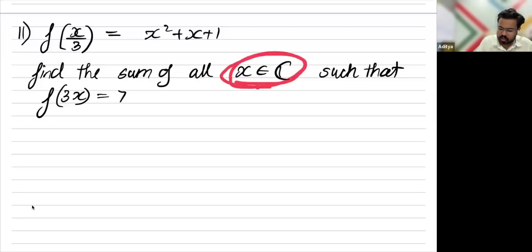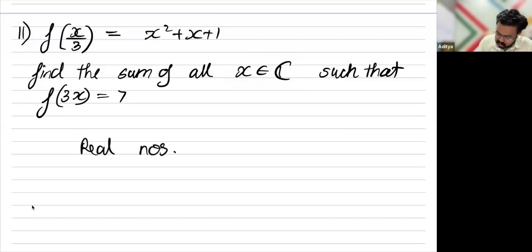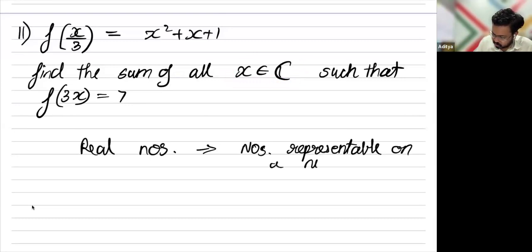Don't read too much into this. It's just basically saying that whenever you write a polynomial down or a quadratic equation, anything, it has roots that are complex by default. Your real numbers are numbers that can be representable on a number line.